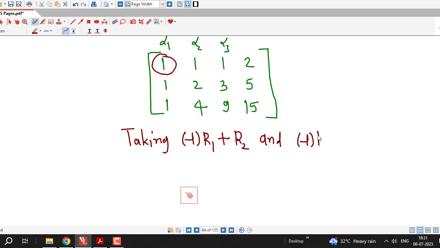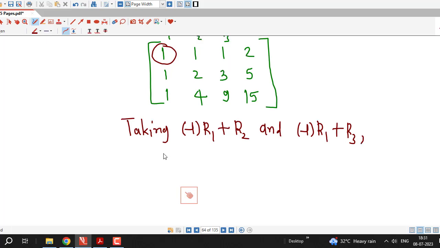Similarly multiply r1 by minus 1 and add in r3, and r2 and r3 will change. So let me write r1 as it is 1, 1, 1, 2, and now I am operating minus 1 into r1 plus r2, that is minus 1 plus 1 is 0, then minus 1 plus 2, that is 1, minus 1 plus 3, 3 minus 1 is 2, minus 2 plus 5, that is 3.